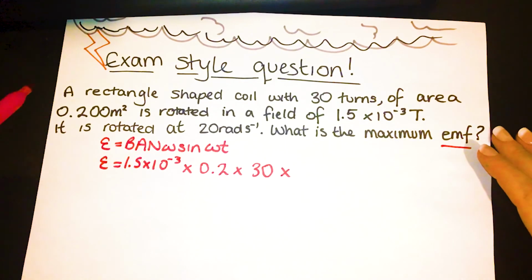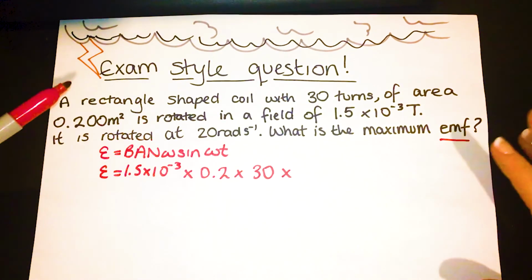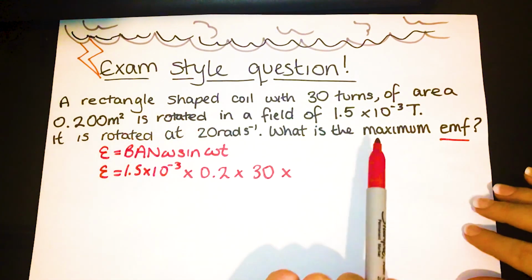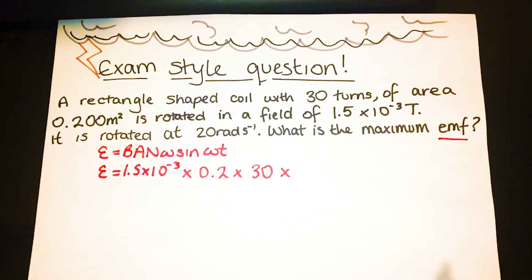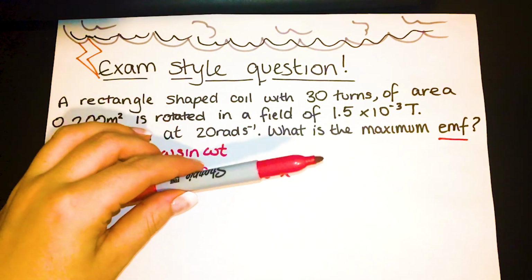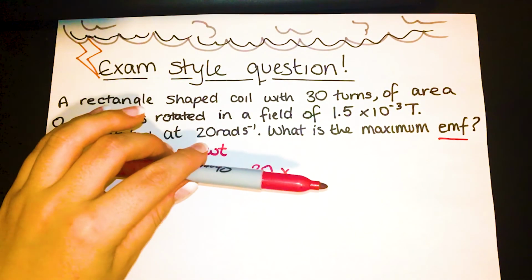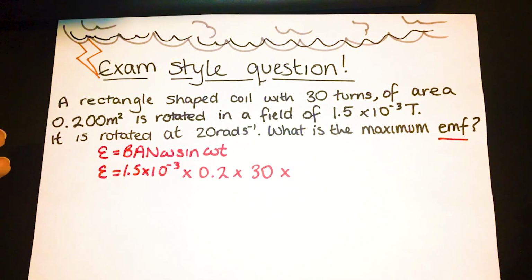Now, we know that if our omega t, our angle, is going to be at a maximum, if we're wanting maximum EMF, then our wire when it's spinning is going to be parallel, okay? So due to it being parallel, we're just going to times it by 1. Because that's what it would be in terms of the angle times by the sine.